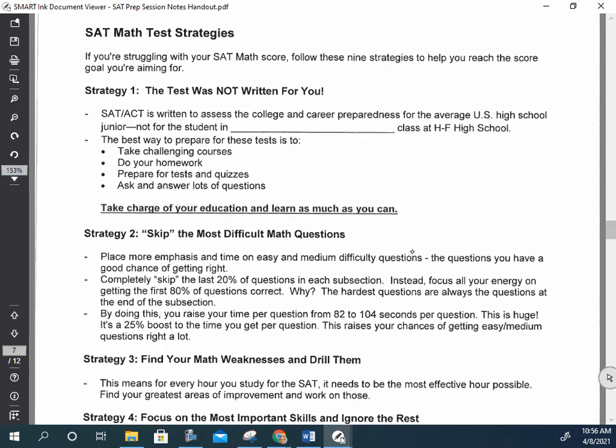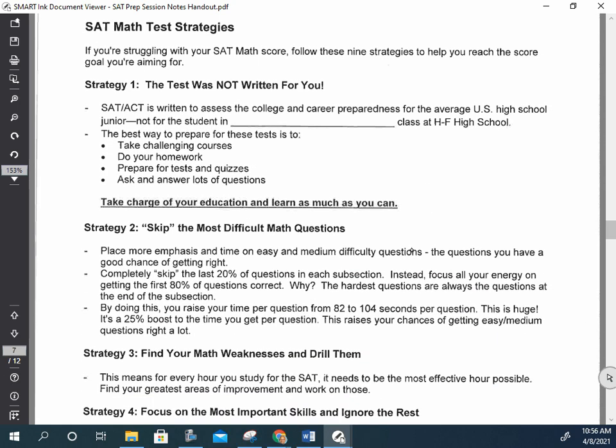So, one other thing I'll talk to you about is some strategies for the test. Now, I'm not going to read through all of them, but there's some things that you should keep in mind. Number one, this is the important one. This test is not written for you. They are not sitting somewhere and writing the test for Jeremiah Ryan, Honors Algebra 2 Trig student at Homeland Baltimore High School.